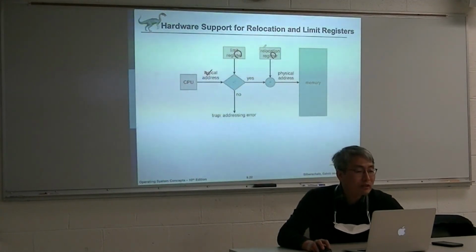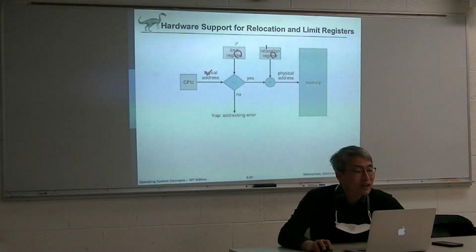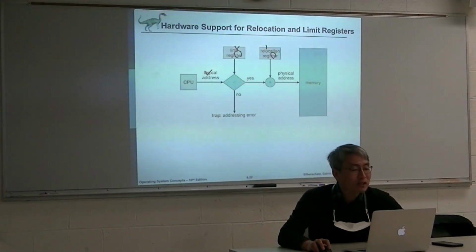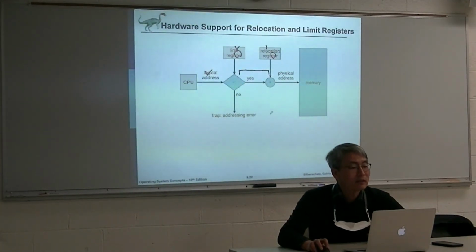Using the relocation register, which is the same idea as the base, and the limit, which is the size of the process, we need to check whether the physical address is valid. Is it between these two? Otherwise it will be an error. That is called a trap.